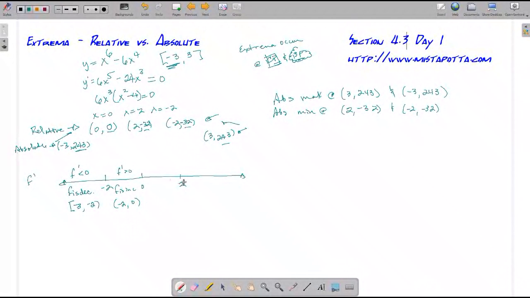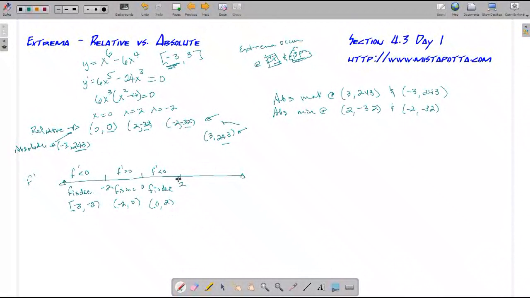A value between 0 and 2, I can try positive 1. So that's going to give me a positive 1 cubed, but this difference here is still a negative 3. And so a negative times a positive is negative. So f prime is less than 0, and so f is decreasing on this interval from 0 to positive 2.